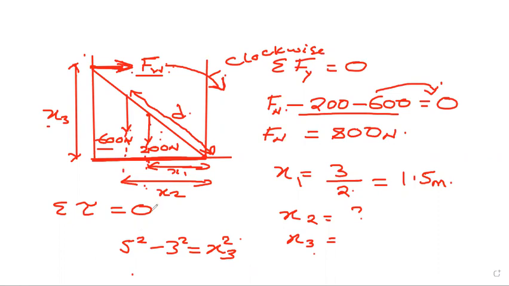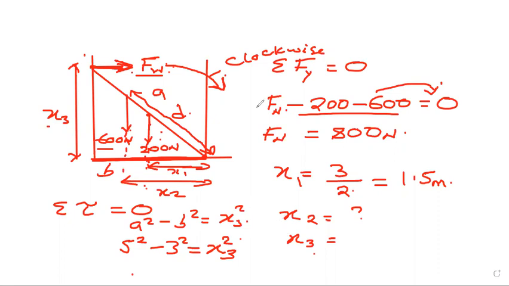You can call the ladder side A and this side B, so A squared minus B squared equals x3 squared, or we can call it C squared, fine. That is what we shall have.